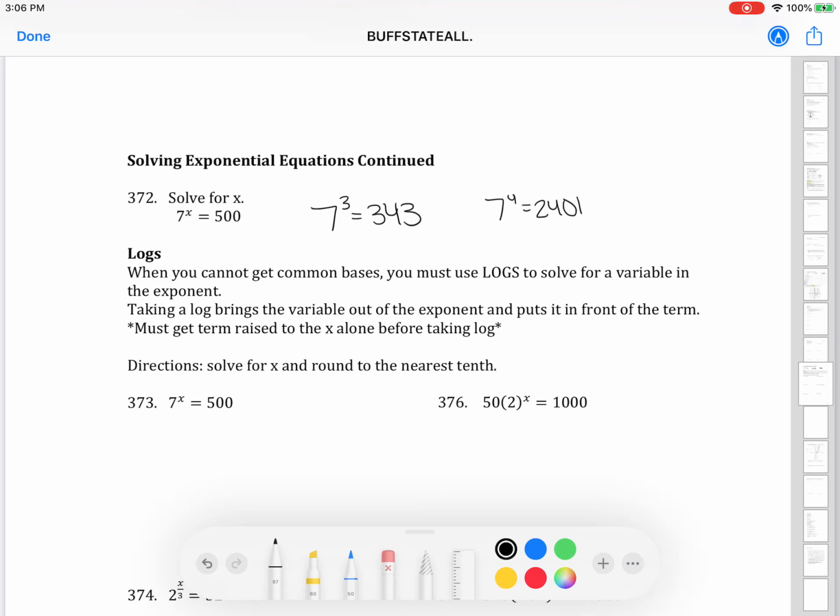Then you try 7 to the fourth power because you're optimistic, but 7 to the fourth power is equal to 2,401. So there is no whole number exponent that you could put on 7 and rewrite 500 using. So common bases doesn't work.